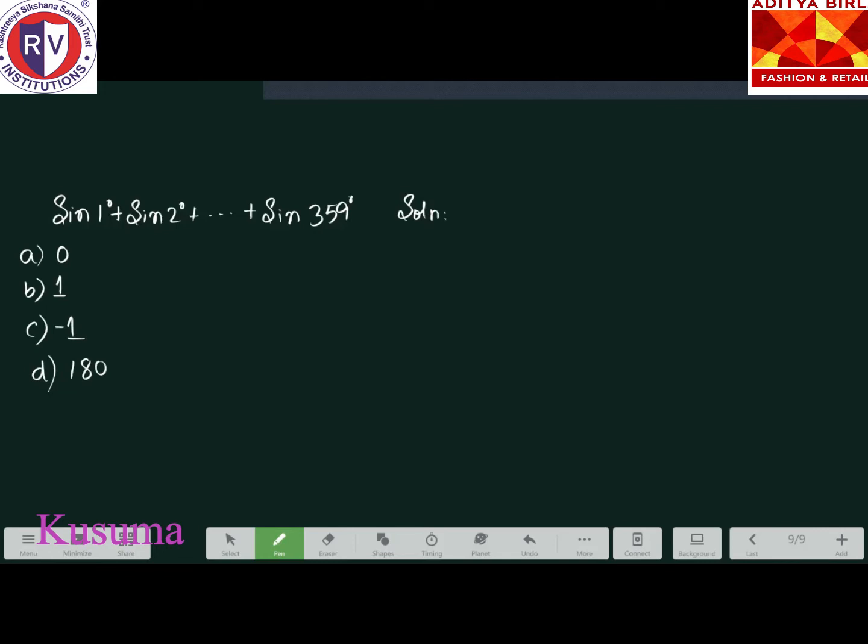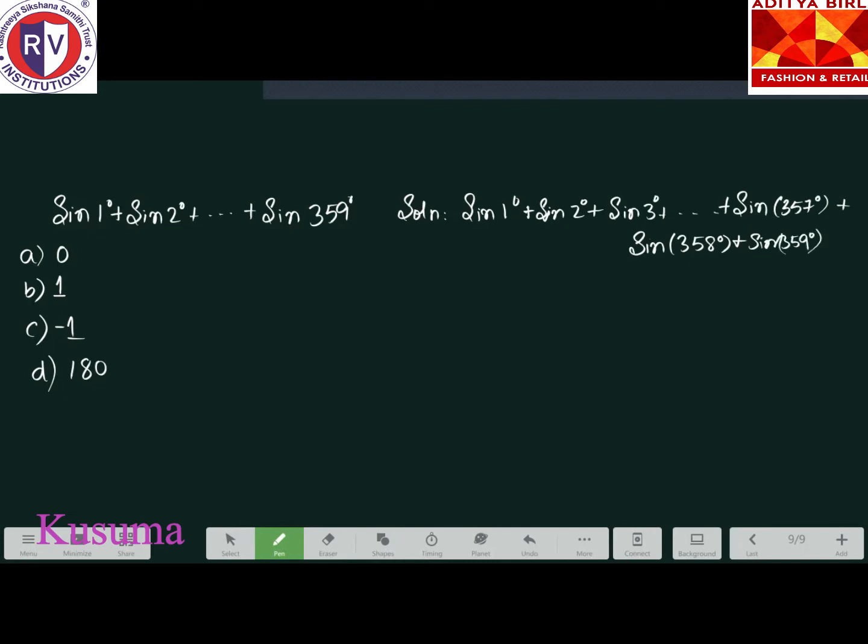Look at the series here. I'm just writing two more terms: sine 1 degree plus sine 2 degree plus sine 3 degree plus and so on up to the last three terms, which will be sine 357 degree plus sine 358 degree plus sine 359 degree.